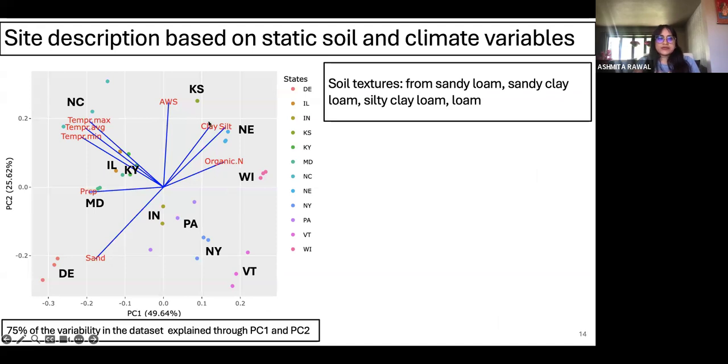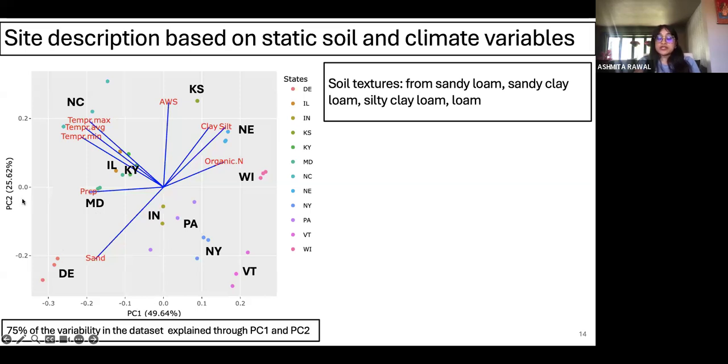So I've done this principal component analysis to describe the sites, and the variables that I used were our static soil variables like texture, sand, silt, clay percentage, organic nitrogen, available water storage, and 30-year climate normals like temperature and precipitation.